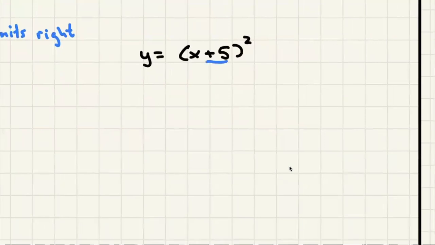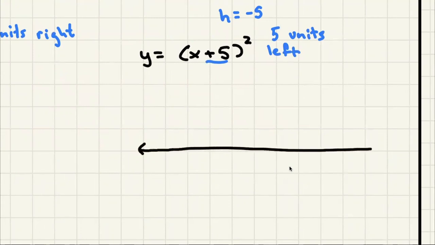Now let's look over here. Because this is plus, that means that our H is equal to -5, which means 5 units left. So that's how we're going to graph this. Once again, we start with our base function, (1, 1).